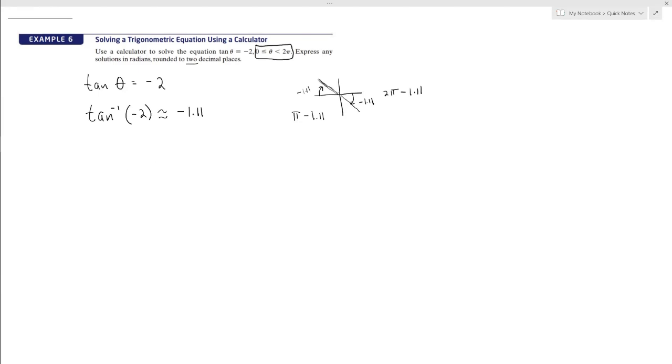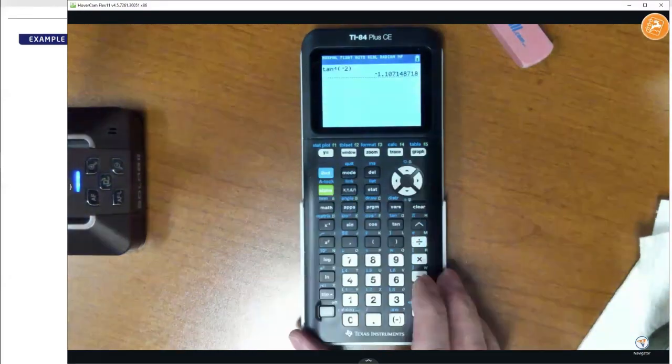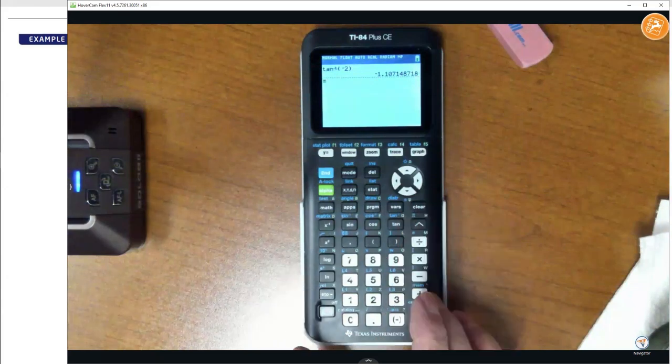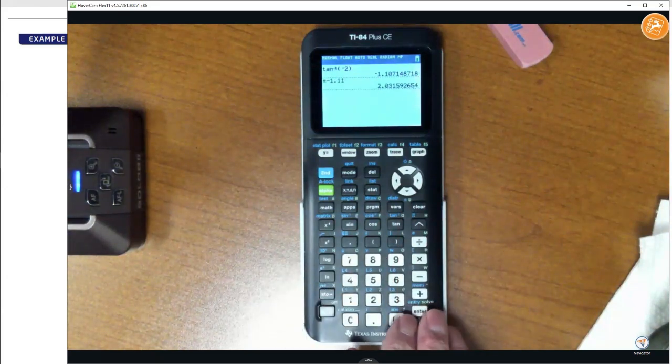Okay, so for our first answer, we'll just take pi minus 1.11, so 2.03.